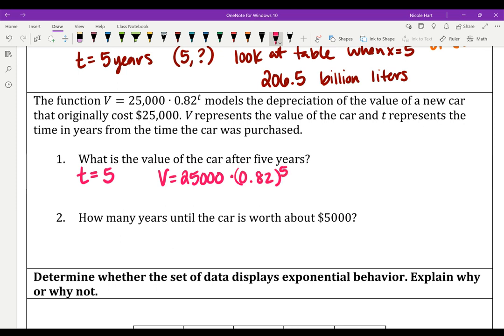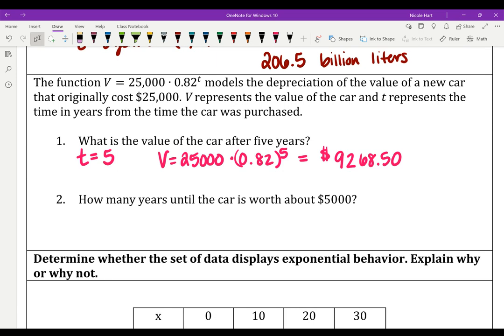So you can type this into your calculator and solve, or you can graph it and look at the table. It does not matter to me. When you calculate this, it tells you your car is worth, after 5 years, $9,268.50. So you went in 5 years from $25,000 to less than $10,000. So dramatic drop.